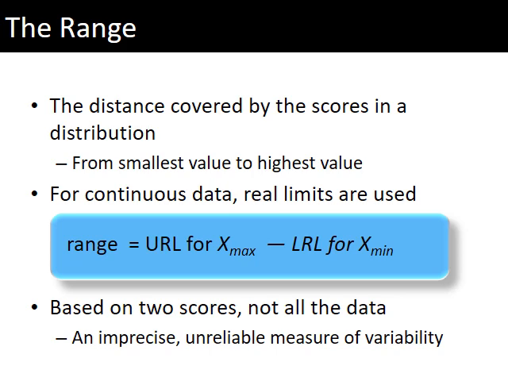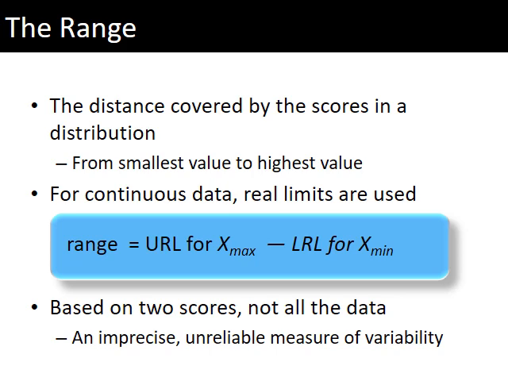So for example, for 1 to 5, the real limits would be 0.5, right, to 5.5. And then in order to discern the range, we would take 5.5 and subtract 0.5 from that to give us a range of 5.